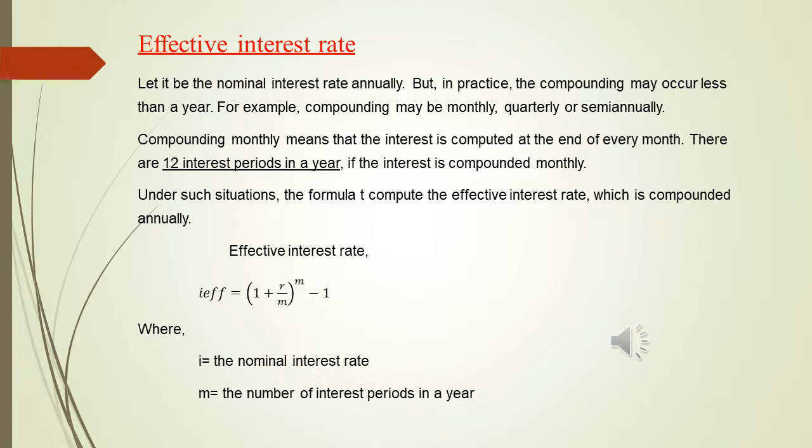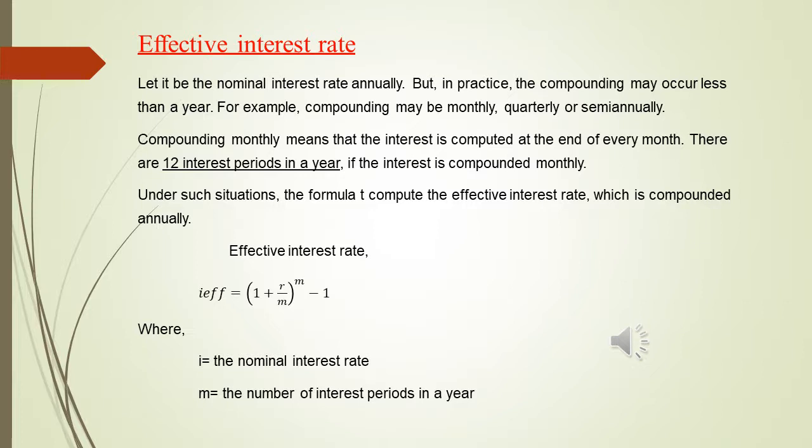Under such a situation, the formula for the effective interest rate is: I effective, I_EFF, is given by (1 plus R by M) whole to the power of M, minus 1.